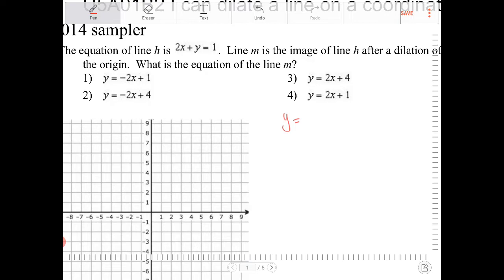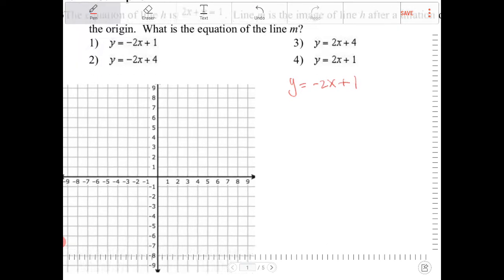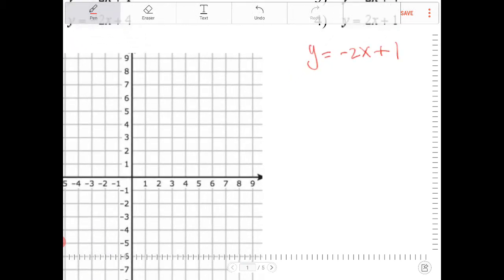So I'm going to rewrite H as y in terms of x, so y is equal to negative 2x plus 1. And if I plot this out, you're going to see that I have a line that looks like this. And we're going to be dilating this over the origin.